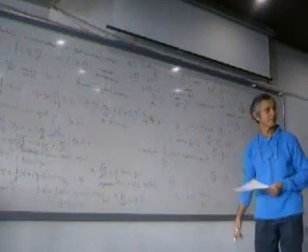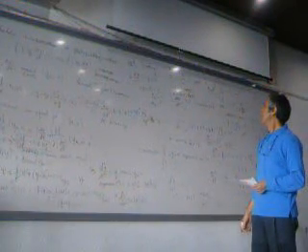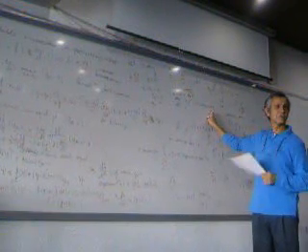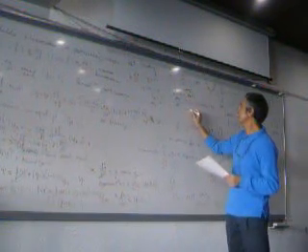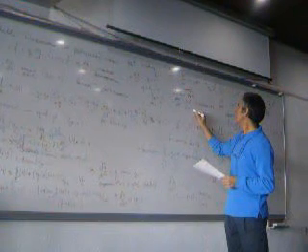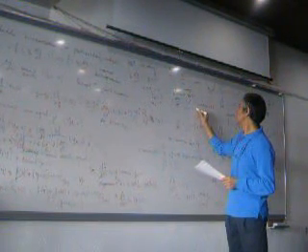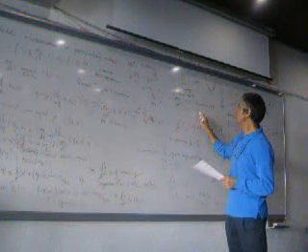Okay. So what was cosine zero? Cosine zero is 1, right? So what's the result then? Is it minus g theta? G is a positive number.